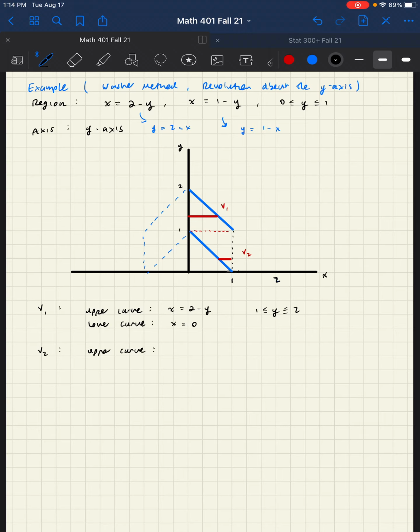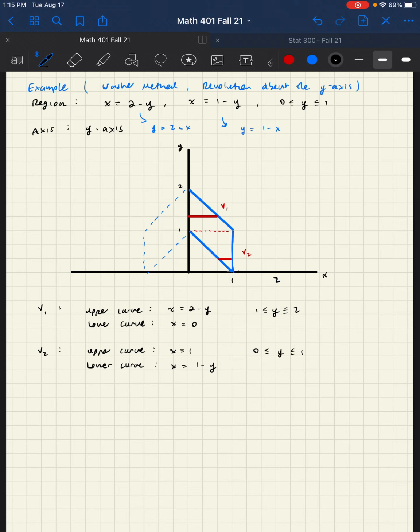For the second piece, our upper curve is now this dotted black line, which is x equals 1. And the lower curve is now the other line, which is 1 minus y.